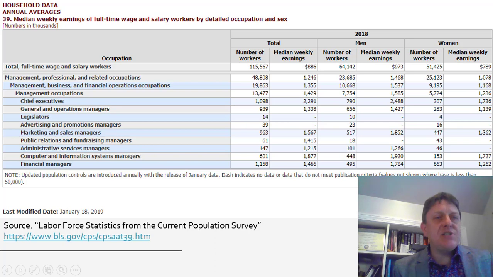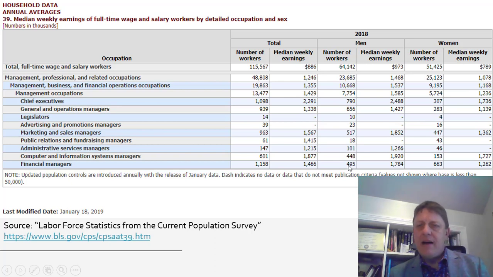And within management, professional, and related occupations, chief executives, where it's twice again and then a bit more men than there are women. Whereas for financial managers, more women than there are men. It's a variable. And it's something that you can think about.